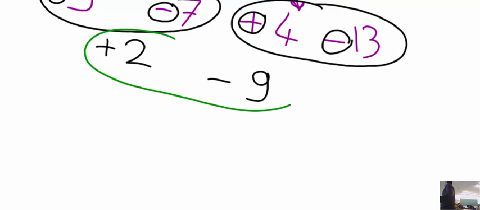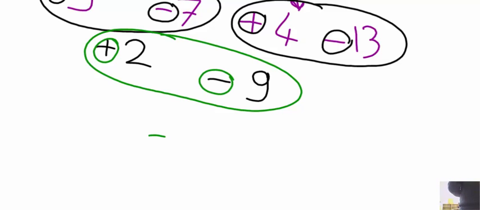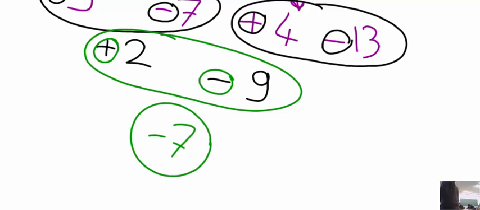So this is the last two now. The big number sign from the 9 is minus. And because signs are different, I'm going to subtract once again. 9 minus 2 is 7. And minus 7 is the full correct answer that will give you full points.